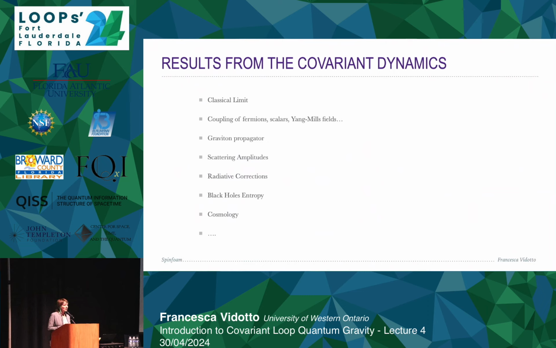Something I wanted to tell you about was the coupling. So how this theory stays together with the rest of the physics we know, in particular the Standard Model and particles like fermions and bosons and scalar fields and Yang-Mills fields.